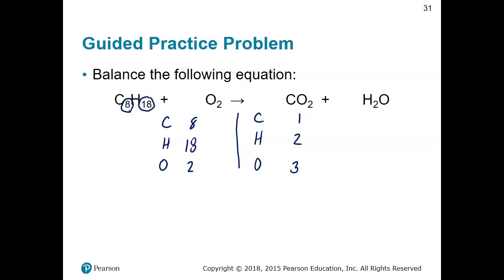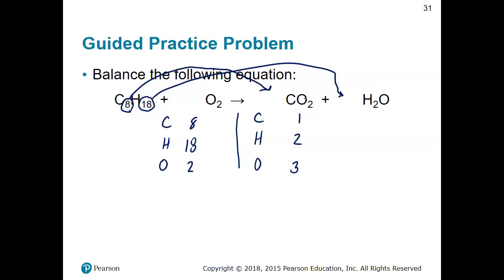One thing we do have is a compound that has multiple subscripts. Now, why is that important? Because if I have multiple subscripts, those subscripts can drive the equation balancing on the other side. The only place where carbon exists is in carbon dioxide. The only place where hydrogen exists is in water.